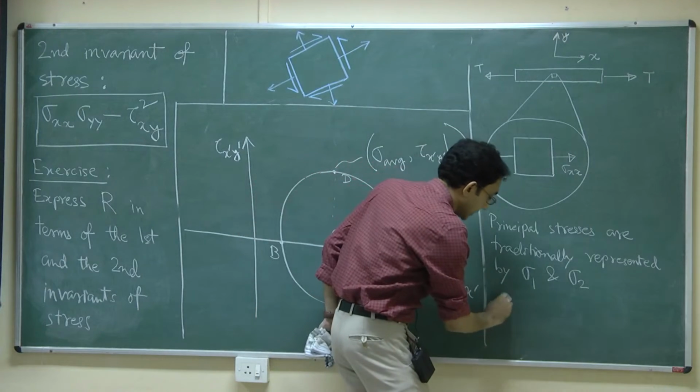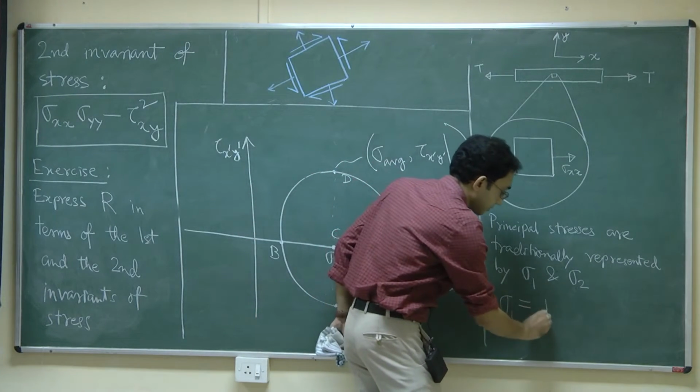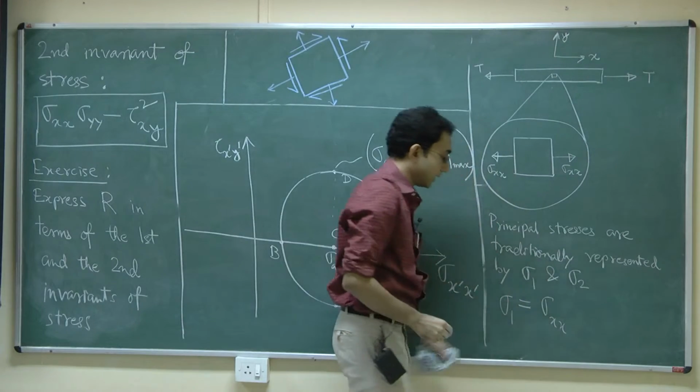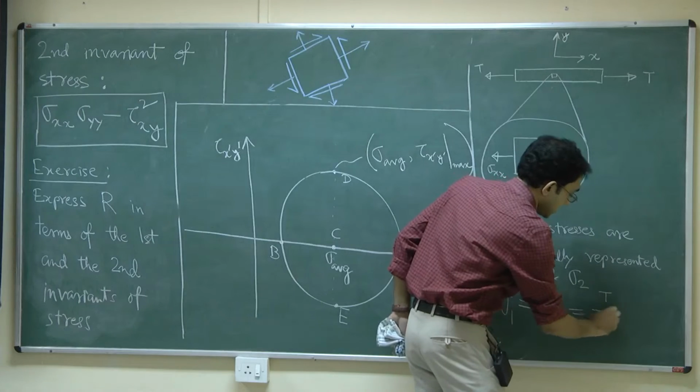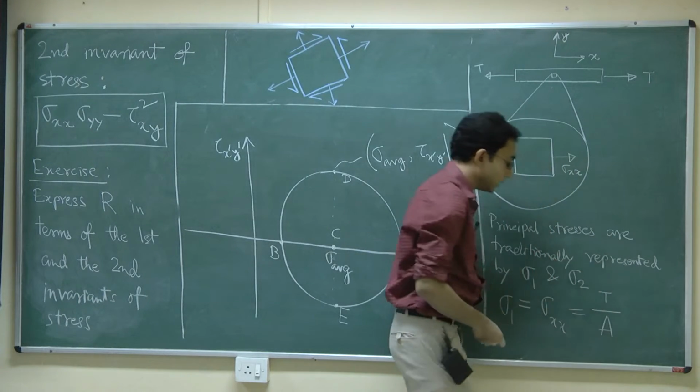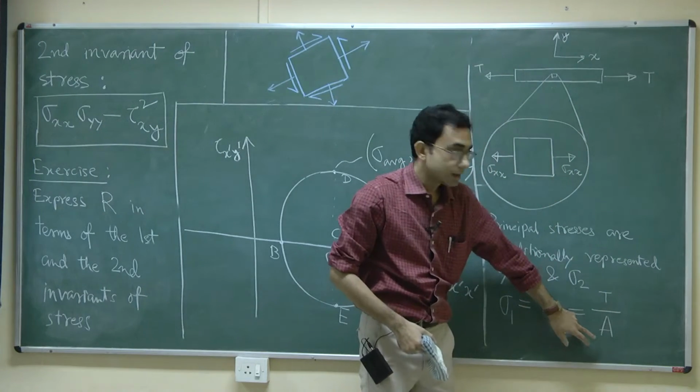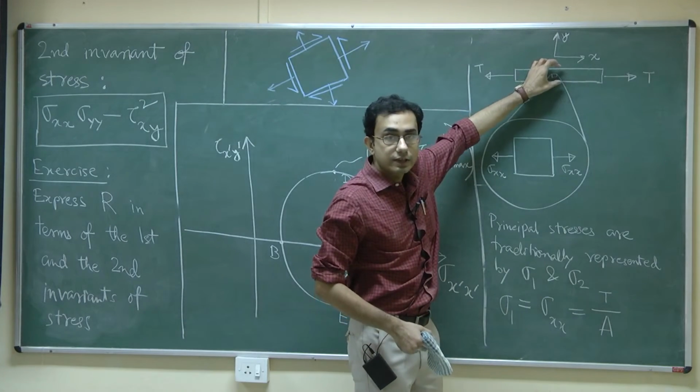Here I am noting that sigma 1 is nothing but my value of sigma xx, and that is nothing but the tension force divided by some area where this capital A represents the cross section of this very slender bar.